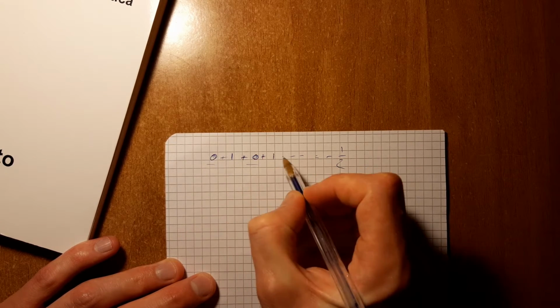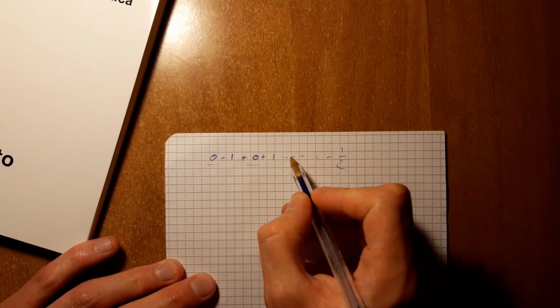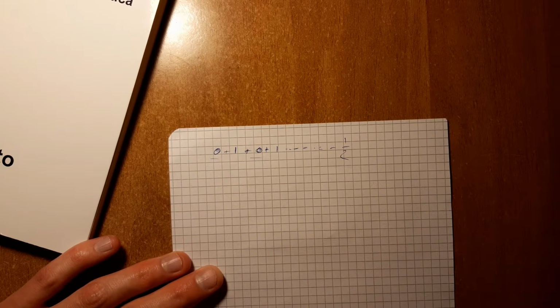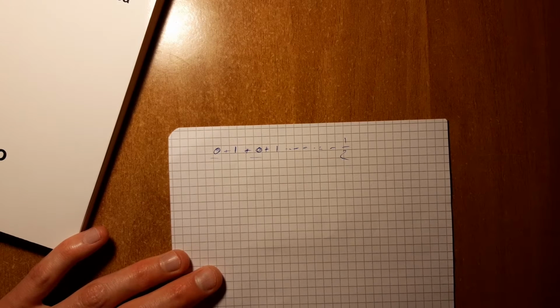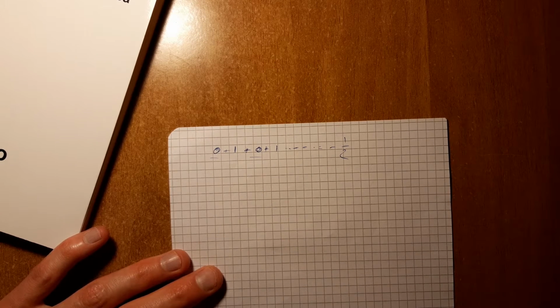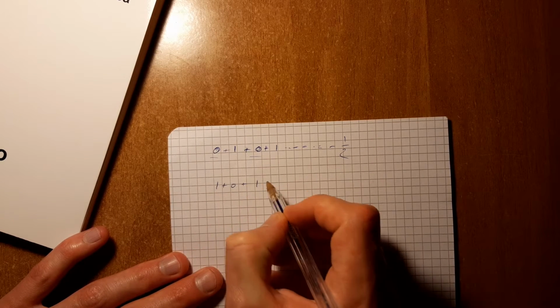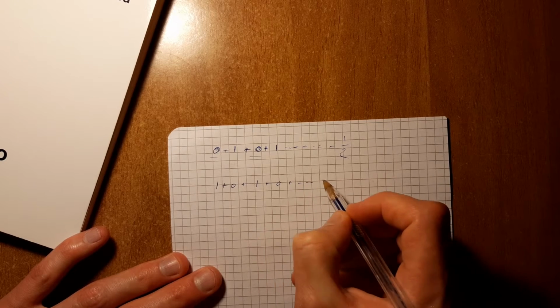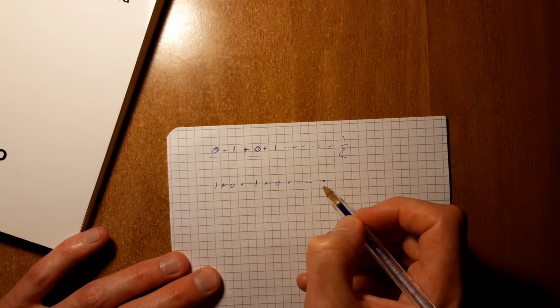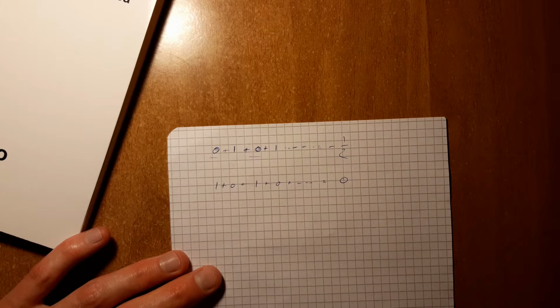But there was a tricky situation, which I will explain in this episode, that 1 plus 0 plus 1 plus 0 is not equal to minus 1 over 2, but it's equal to 0.